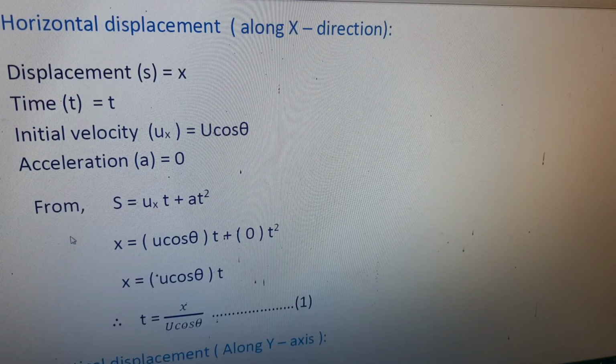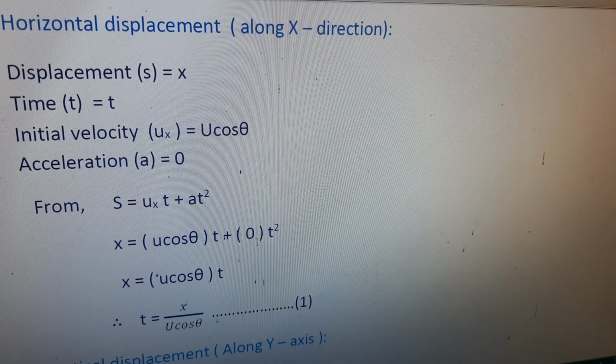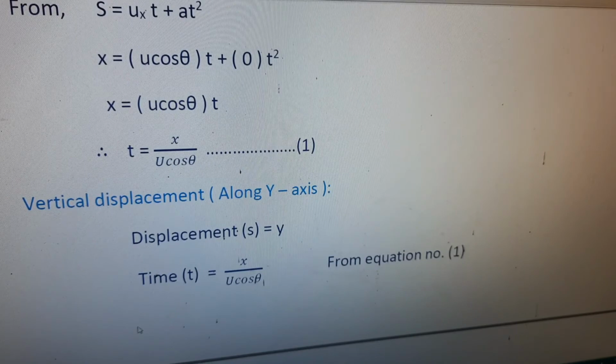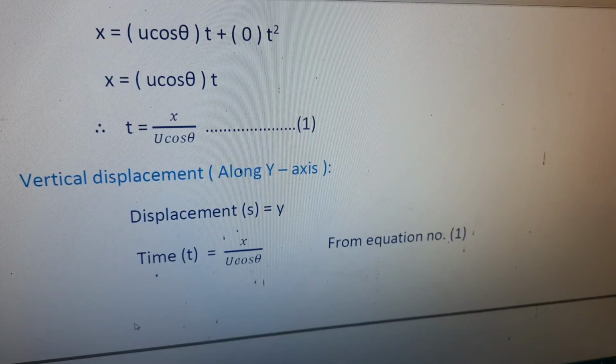We take the equation s is equal to ut plus half at square. So x is equal to u cos theta into t plus 0 into t square. So x is equal to u cos theta into t. Therefore t is equal to x by u cos theta. This is equation number 1.